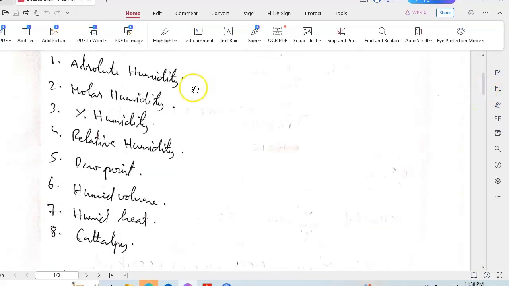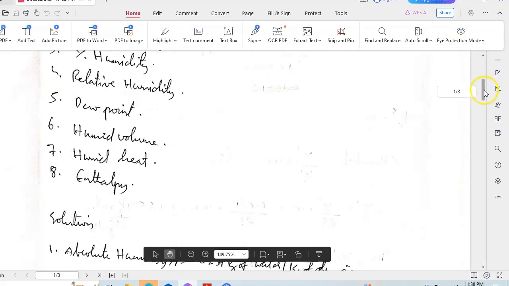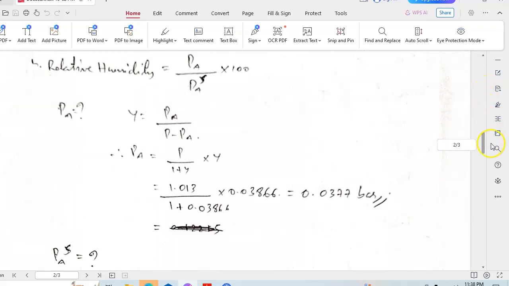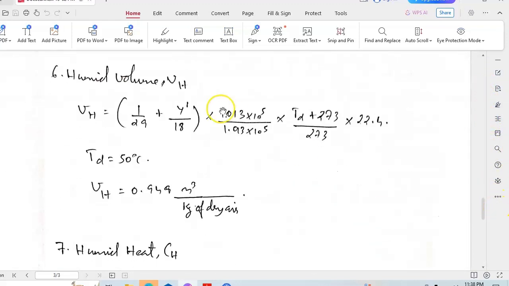As of now, we answered absolute humidity, molar humidity, percentage humidity, relative humidity, and dew point temperature. Then we need to find humid volume, humid heat, and enthalpy. Humid volume means VH.